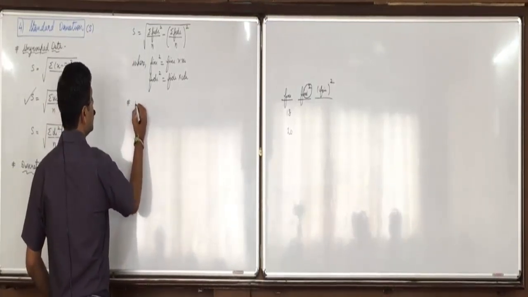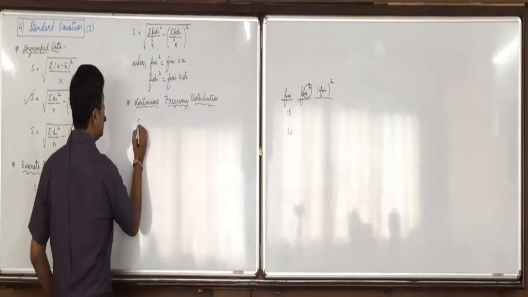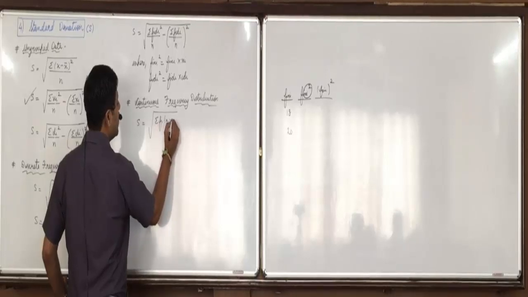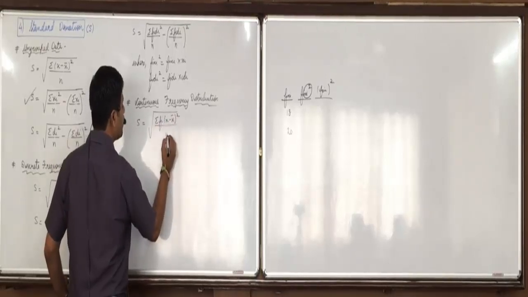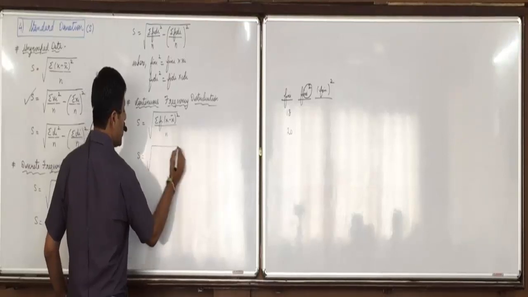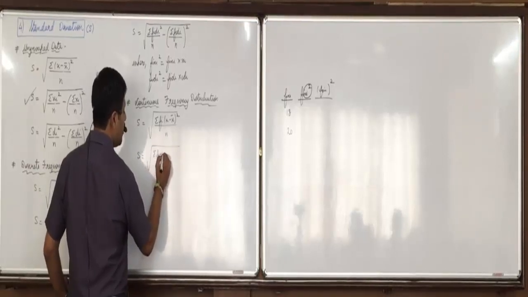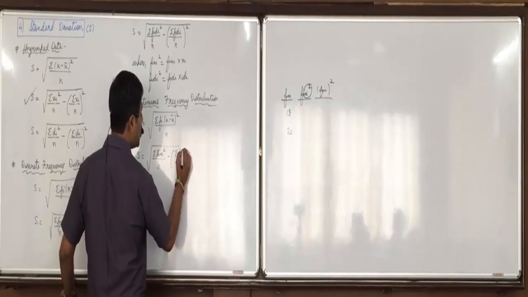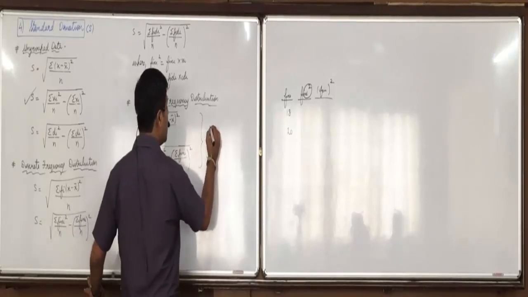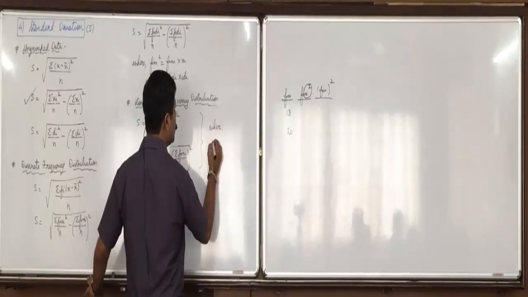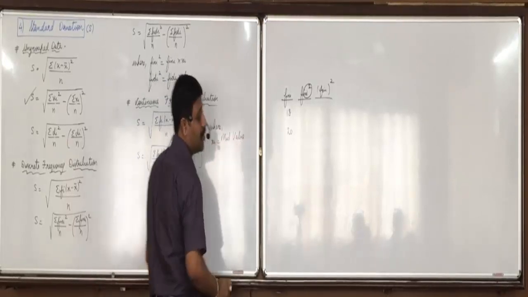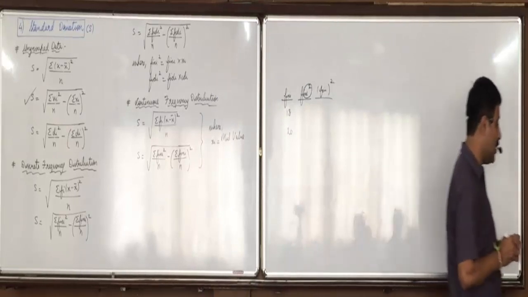So on continuous frequency distribution, S is equal to first two formulas exactly same: square root of sigma Fi (x minus x bar) whole square upon n, and square root of sigma Fi xi square upon n minus (sigma Fi xi upon n) whole square. The only thing you have to remember in the first two formulas is that xi will be mid-value.